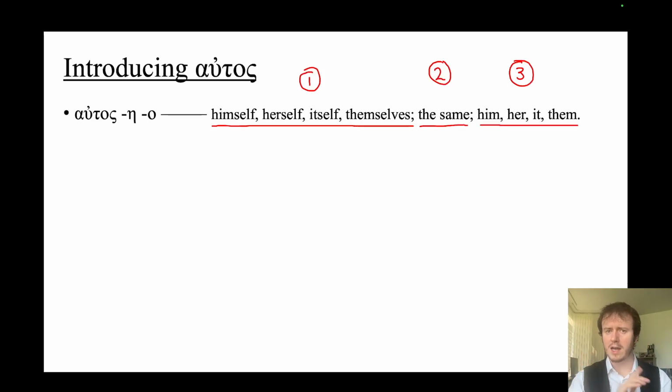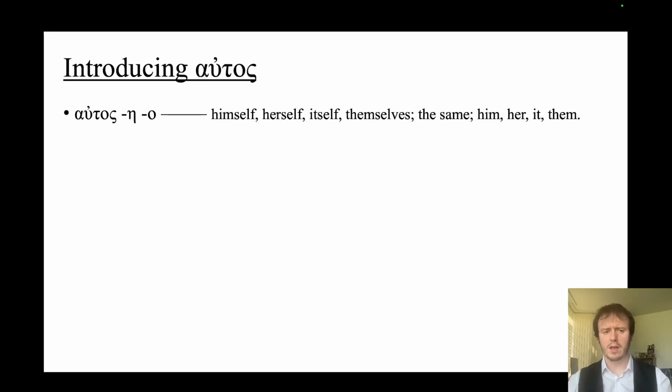And in a moment, I shall explain how we know which of those meanings is being employed when αὐτος is used. Because, thankfully, we don't just have to tell from the context, we can tell from the grammar which meaning of αὐτος is being employed when it's used. But I'll explain how we know that in a moment. For now, please do note down that αὐτος has these meanings.